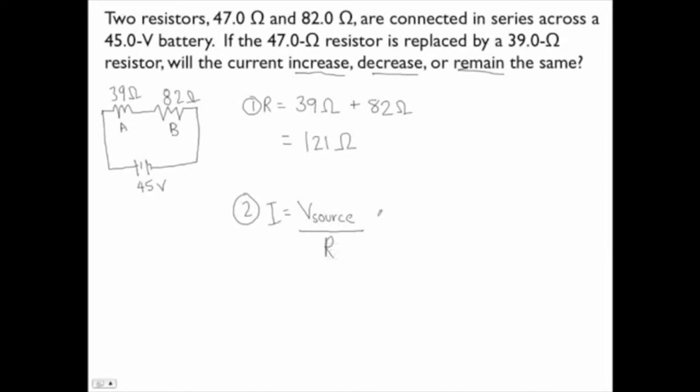In this one your volts will be the same, but the thing that you're dividing with down here is smaller, which means this number up here is going to be bigger, so your current is going to increase. And when we actually do the math, we see that it's 0.37, and before it was 0.35, so it's going to increase.